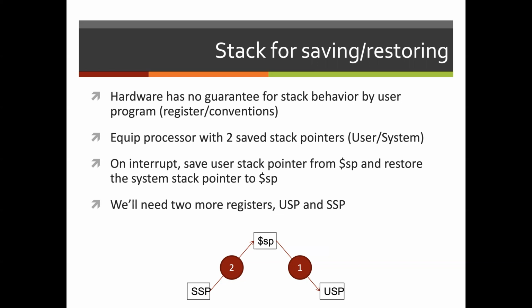Once we encounter an interrupt, we can save the user stack pointer from SP, and then we can restore the system stack pointer as well. In order to accomplish that, we'll need a merger of two registers. So we'll have a USP, and we'll also have a register for the system, the SSP.